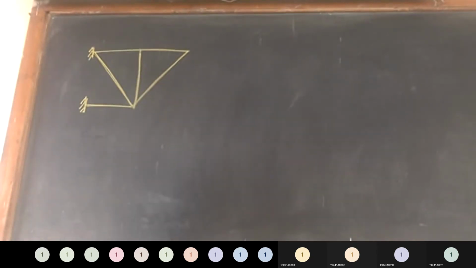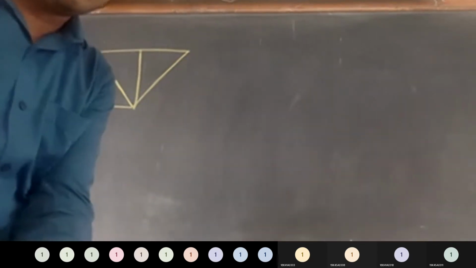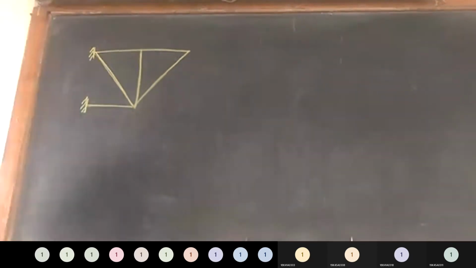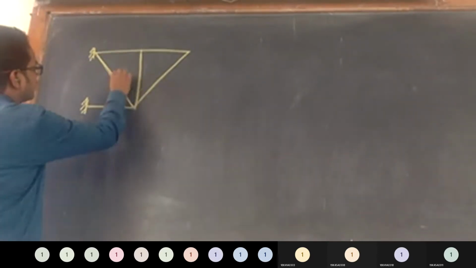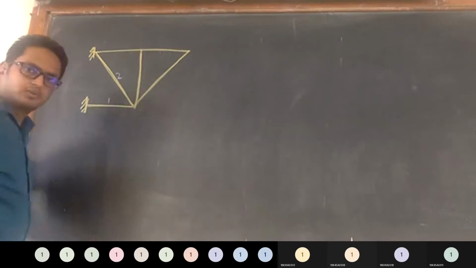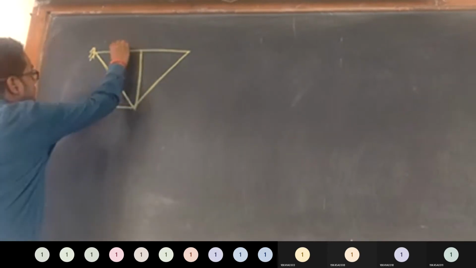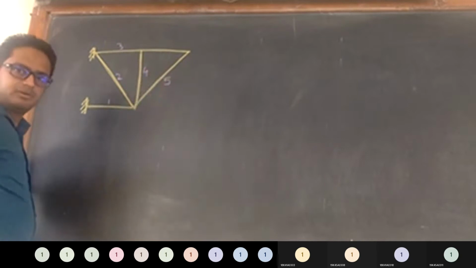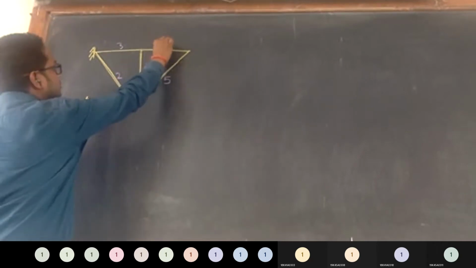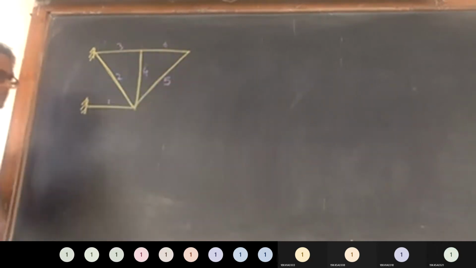Okay. Now, let me use the same terminology that we are using here. This is your node number 1. This is your node number 2, 3, 4, 5, and this is your 6.